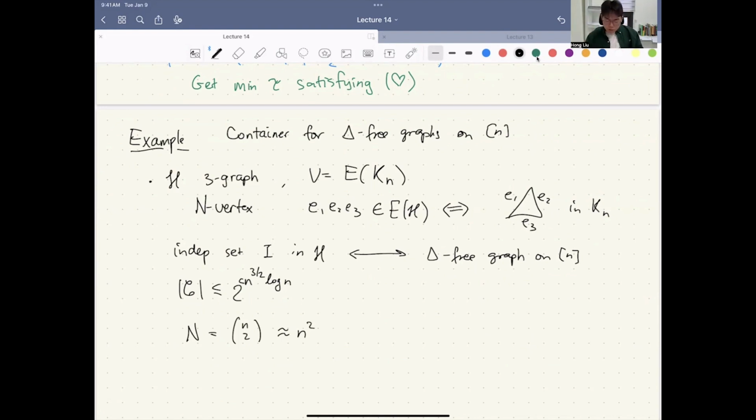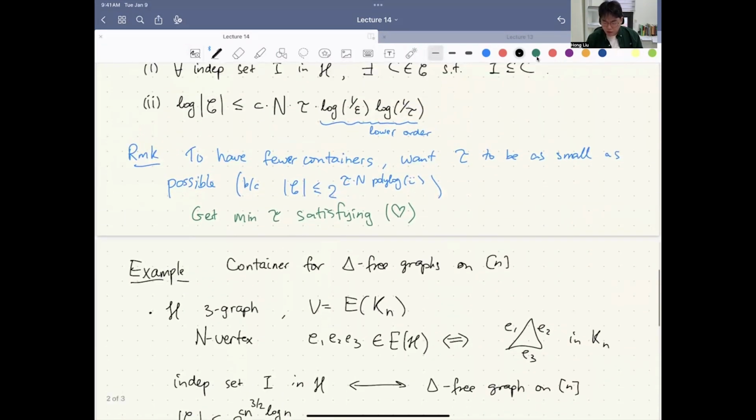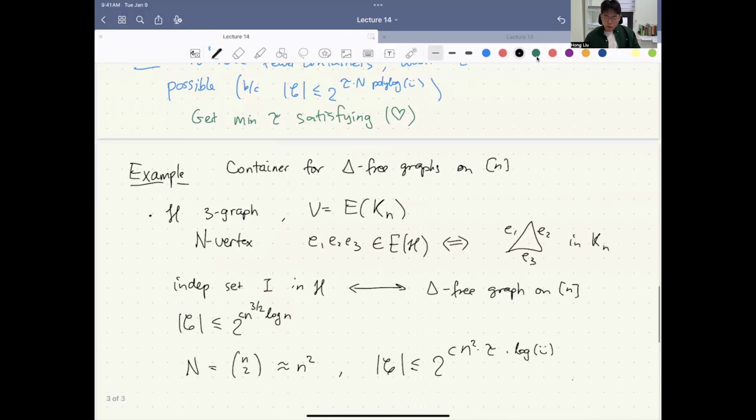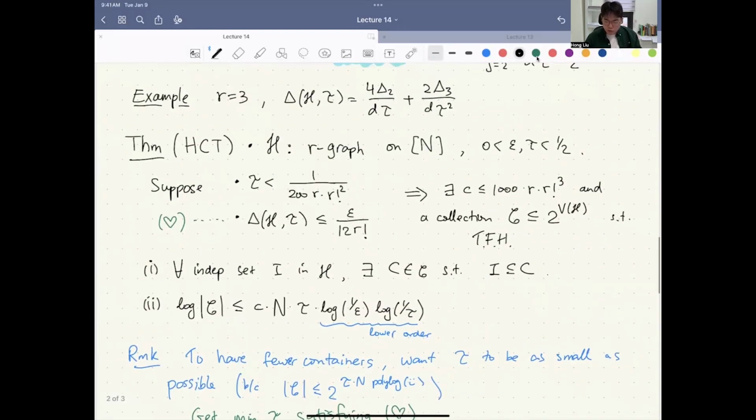So that means, and the number of containers is what? C in the hypergraph container is 2 to the some constant, capital N, which is n squared, times tau, and some log factor. So we want the minimum tau. And the minimum tau should satisfy what?